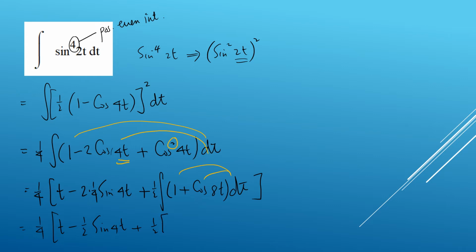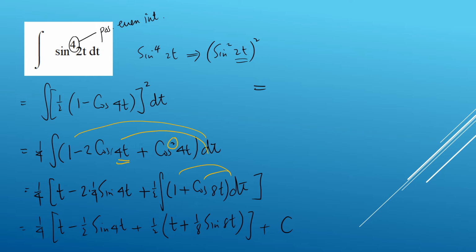So for the integral of dt, that is t, plus the integral of cosine is sine of 8t times 1/8 because of the derivative of 8t, plus the constant c.